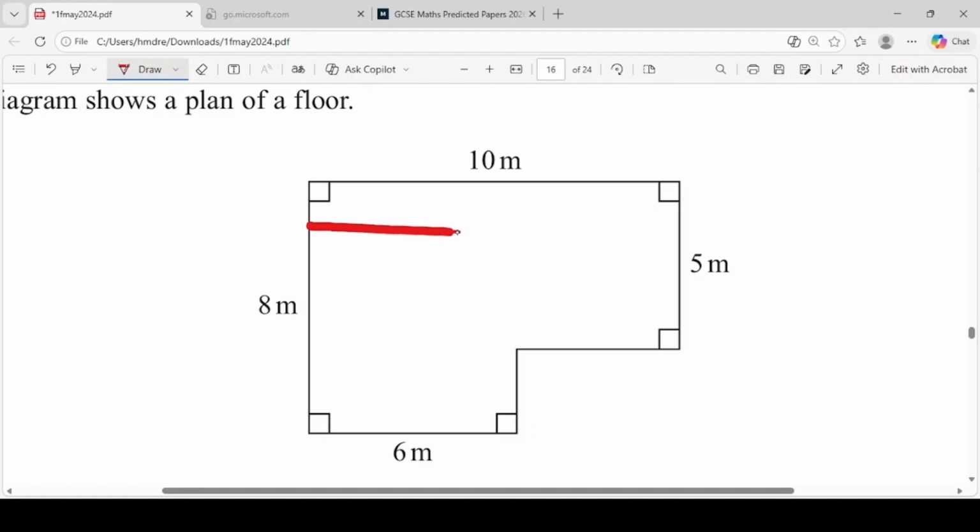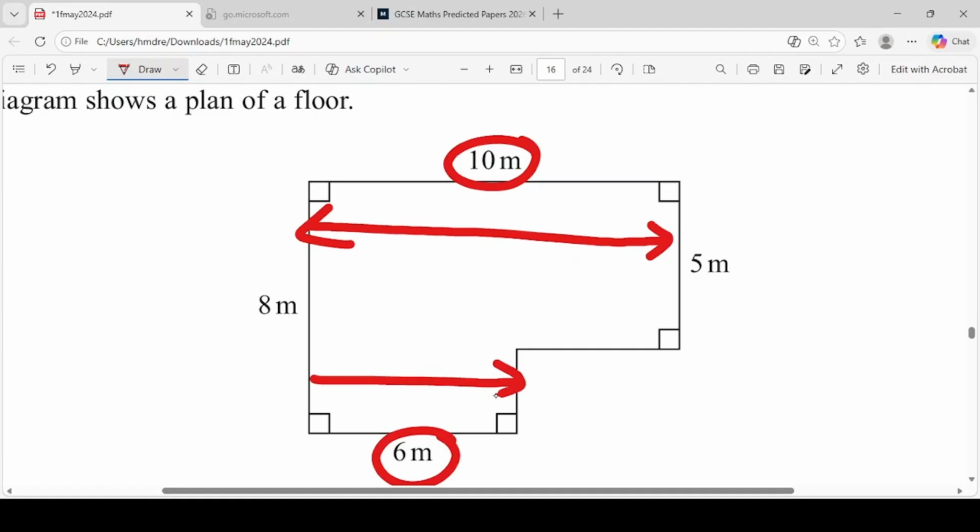So if this total length across here is 10, as they give us here, and this part here is 6, it means this missing value here has to be 4, because 6 and 4 will make 10. So we just quickly work that out.